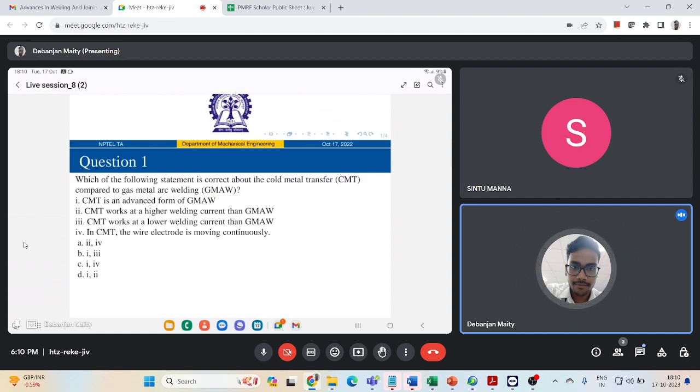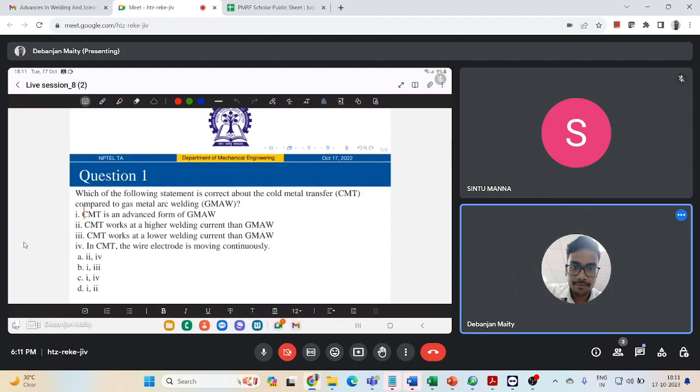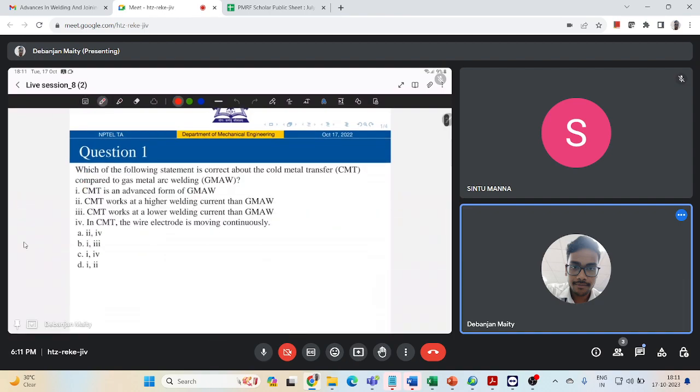Now, in terms of metal transfer in arc welding, there are two different modes of metal transfer. What are those two modes?